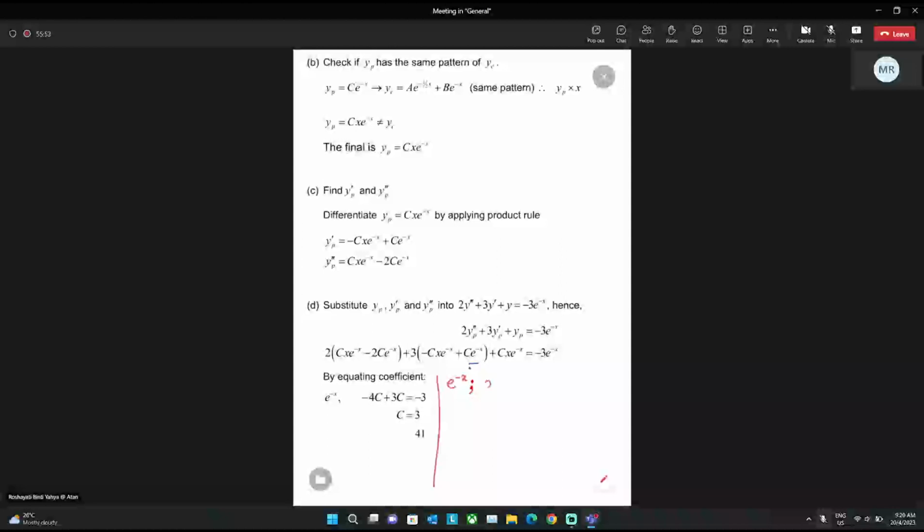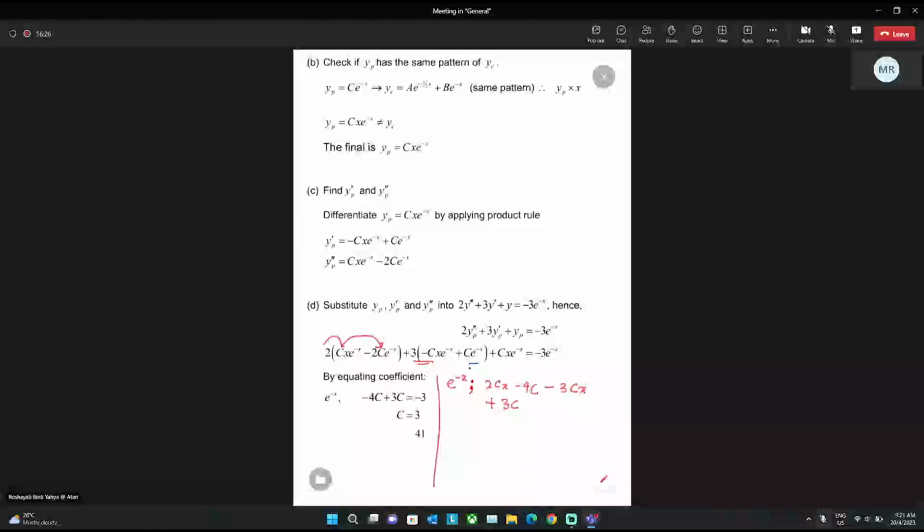So become 2cx tolak 4, ni darab ni, kemudian darab dengan ni, 4C. Okay. After that, tolak 3CX. Okay, lepas tu tambah 3C.